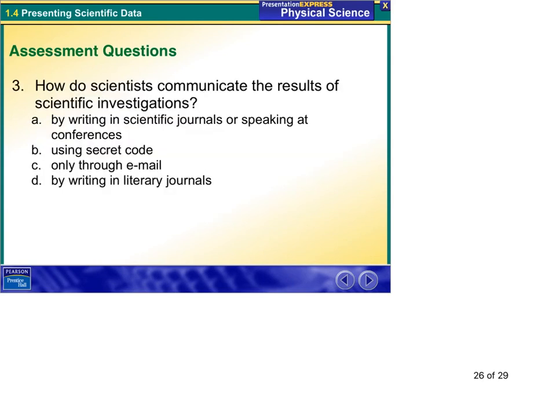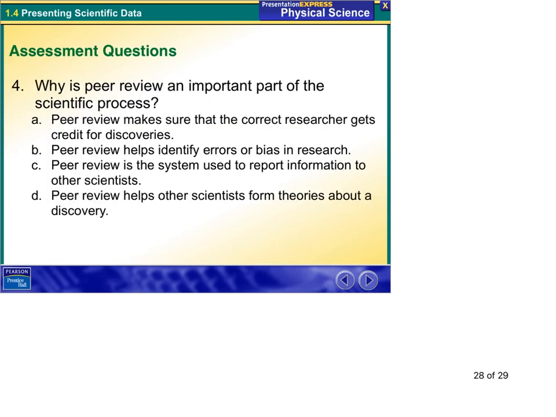How do scientists communicate the results of scientific questions or investigations? One of the last things we had in the notes: journals, conferences. Why is peer review an important part of the scientific process? It can help identify errors or bias.